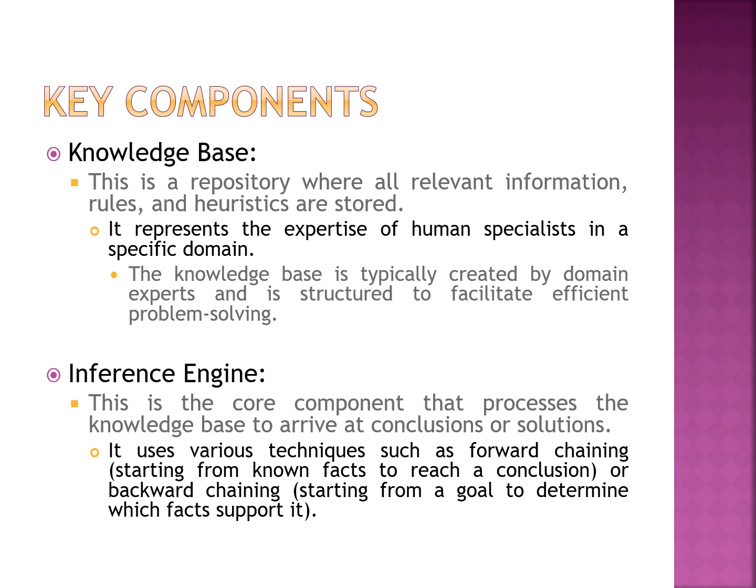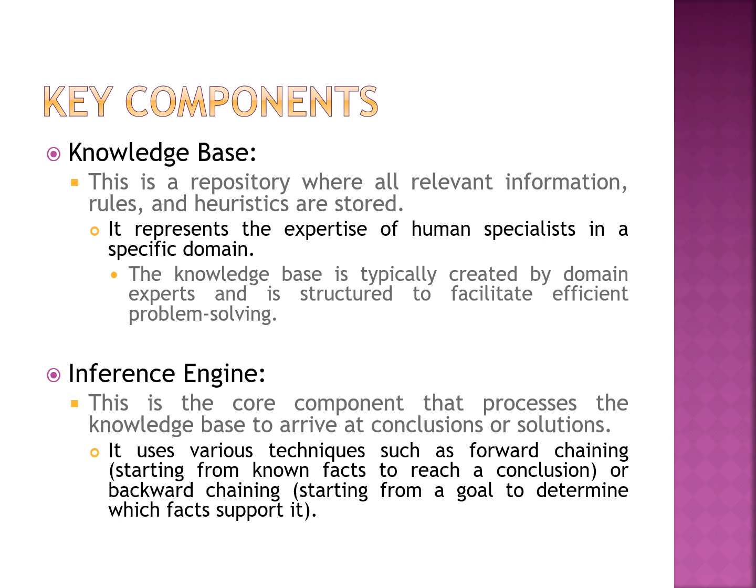Now let us discuss key components of expert system. So the expert system consists of knowledge base, inference engine, user interface, and explanation facility. The knowledge base is created by involving knowledge experts and knowledge engineers. They collect knowledge from the experts, and they formulate facts, rules, and knowledge information.